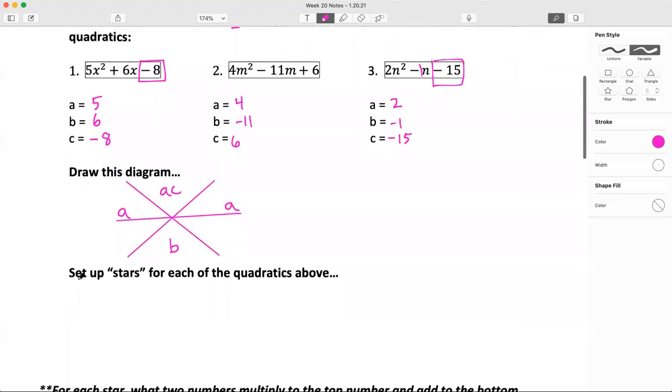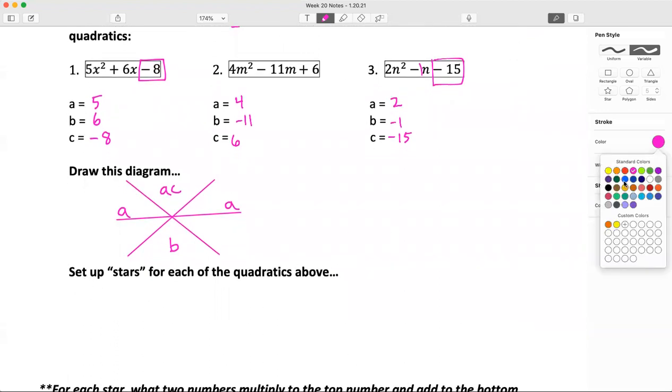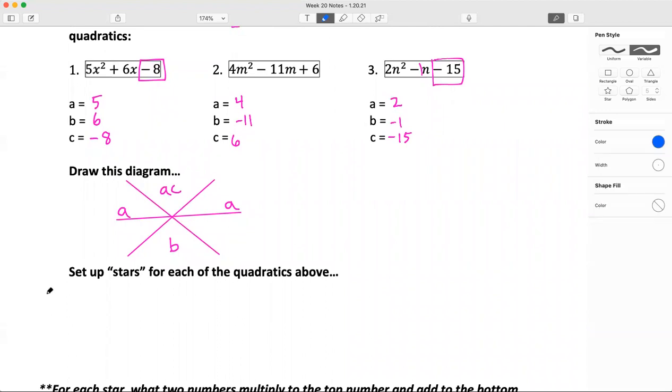What we're going to do now is we're going to set up stars for each of the quadratics below. So for number 1, we have to identify A, B, and C. We already did, though. Let me first draw my star. Okay. So in number 1, A is 5, C is negative 8.